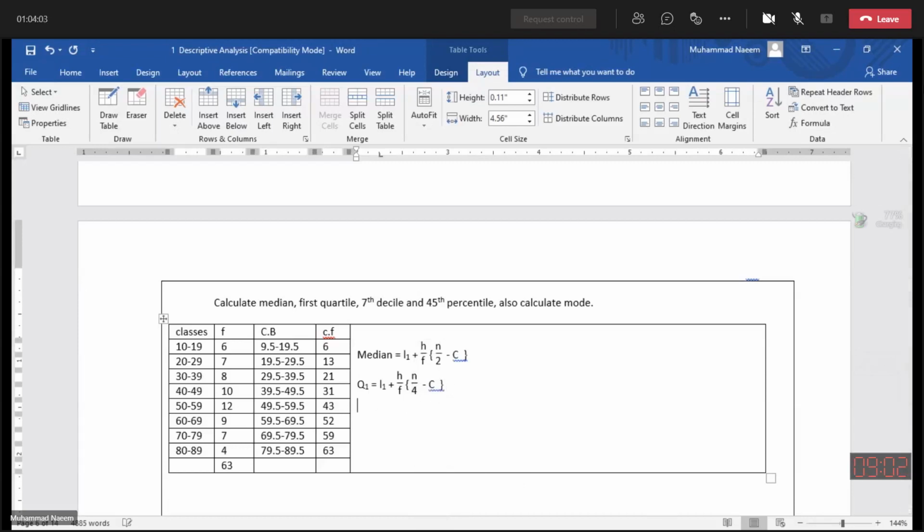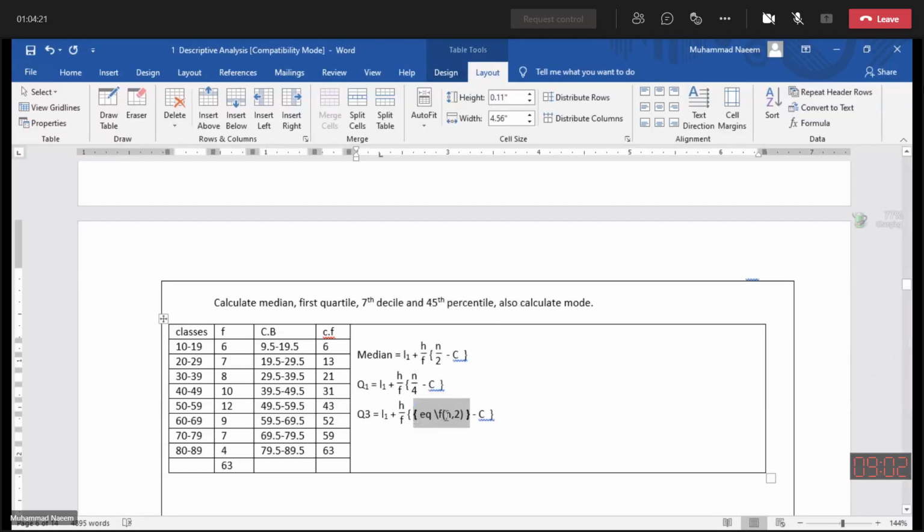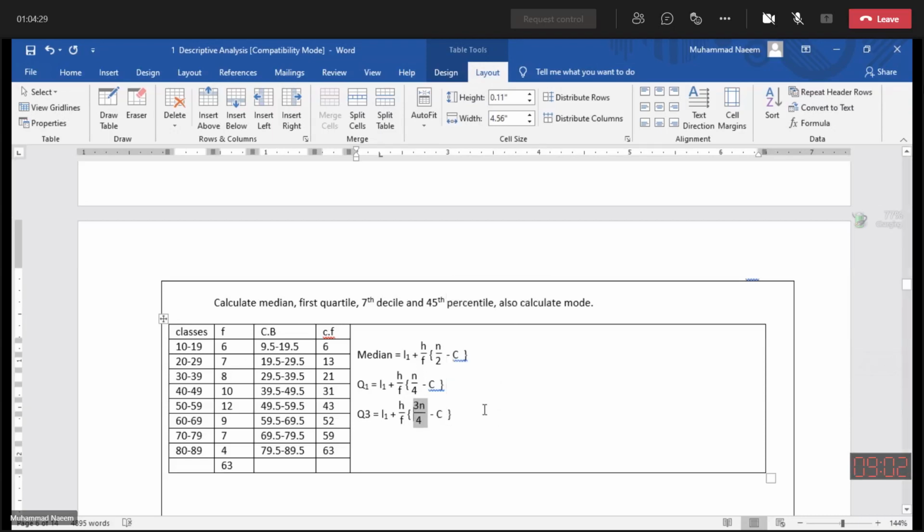Just for the understanding, let's say we need the calculation of Q3. So this will be the formula. Here we have the ratio 3n by 4. In all calculations, only this ratio will be changed.